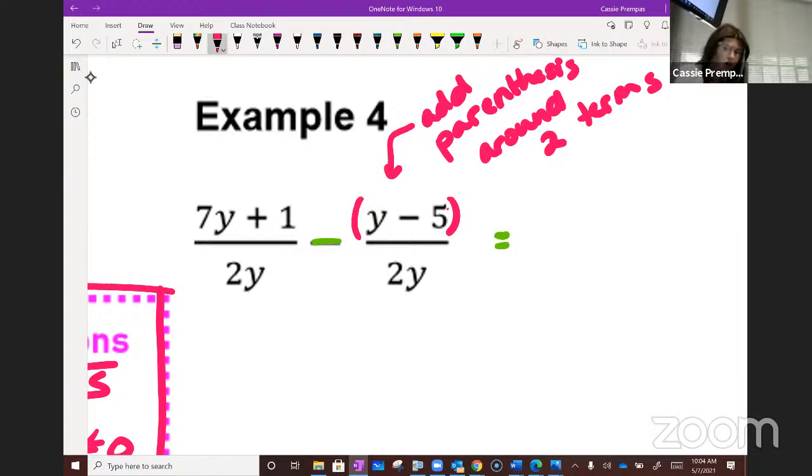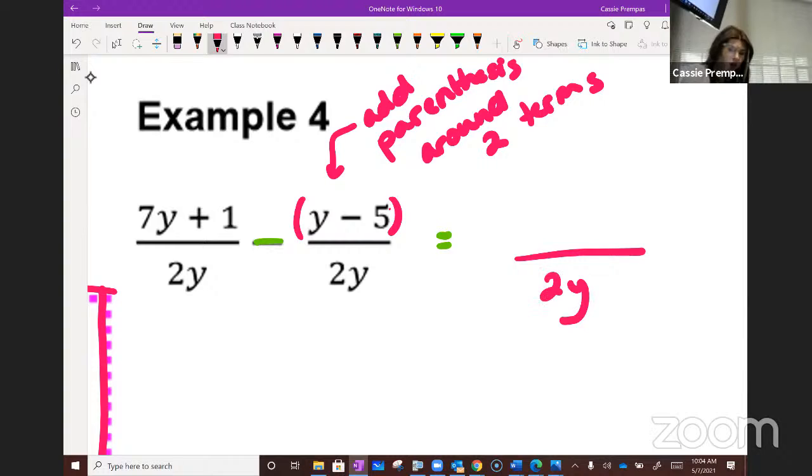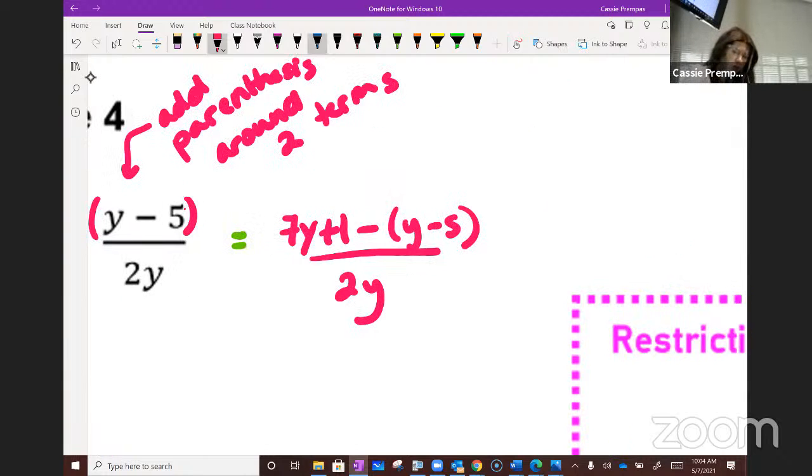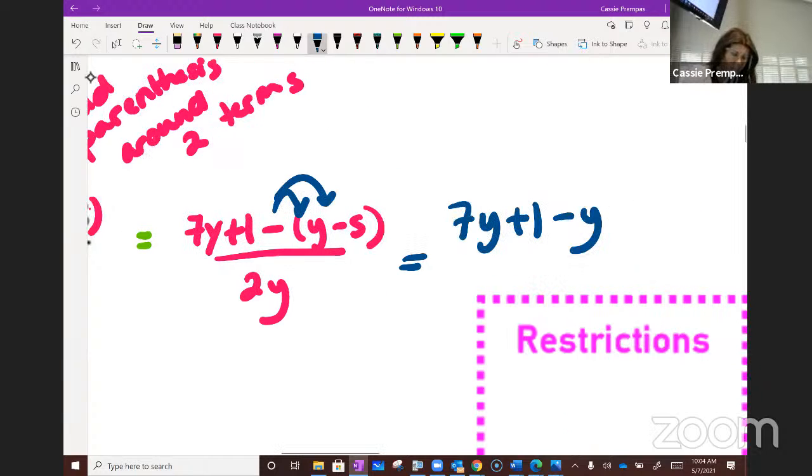So the denominator is already the same. It's 2y. But then I have 7y plus 1 minus y minus 5 that I need to simplify. So I'm going to go ahead and distribute that negative, which will give me 7y plus 1 minus y plus 5 all over 2y.